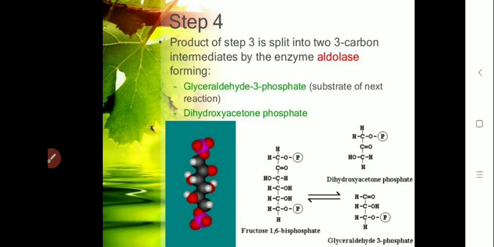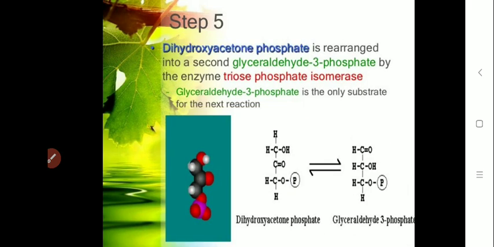Now we have seen that up till step 3 only a single molecule was generated, but in step 4 two molecules are formed, glyceraldehyde 3 phosphate and dihydroxyacetone phosphate. But in the next step only glyceraldehyde 3 phosphate is involved, which helps to carry out step 5.